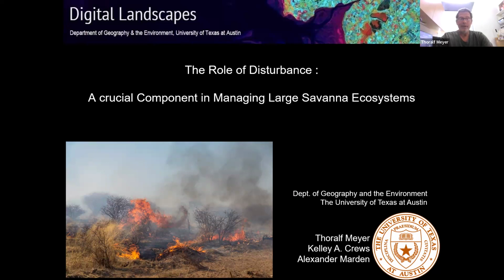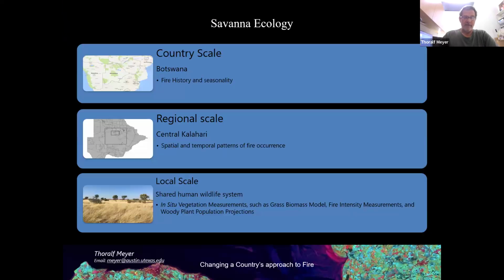So, but let's jump in and let me start with just a couple of short notes on scale. All of you, as far as I know, have done one form of remote sensing GIS work or the other.